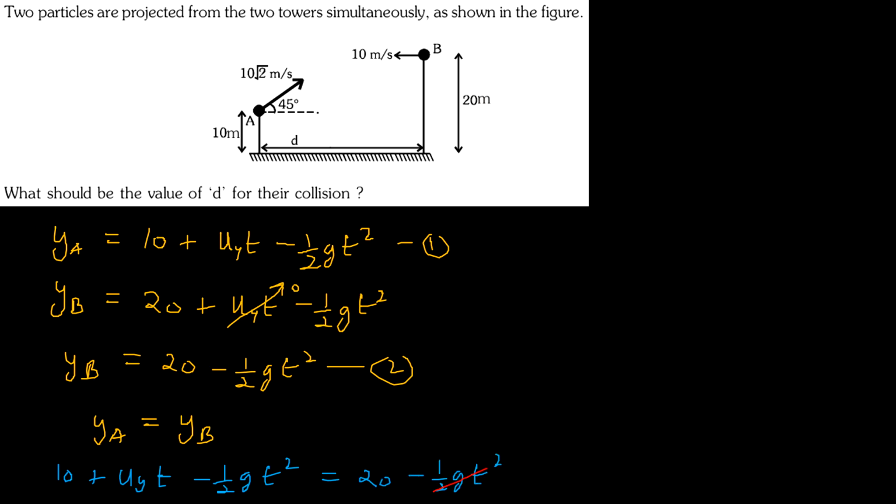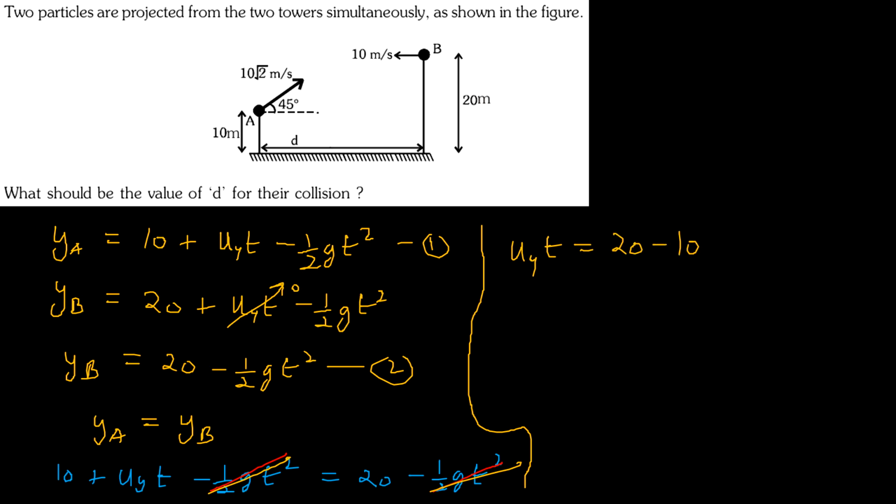Yes, now this portion and this portion will get cancelled because of the same sign, getting my point? Now take 10 over to the right side. So what we will get? See, uyt is equal to 20 minus 10.